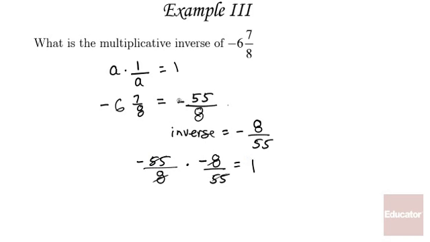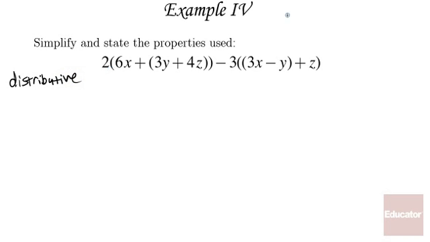Okay, in example 4, we're asked to simplify and state the property used for each step of simplification. First, I want to get rid of the parentheses, so I'm going to use the distributive property. So multiplying out, recall that the distributive property is A times B plus C equals AB plus AC.